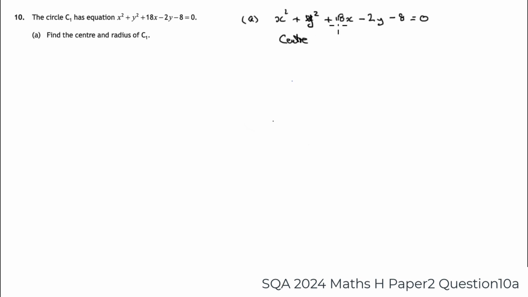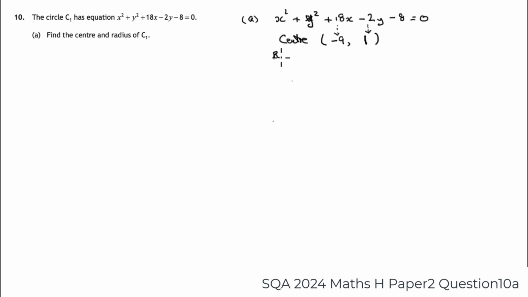So we take the coefficient of x term, half it, and change the sign. That gives us the x coordinate of the centre. We look at the y term coefficient, -2, half it, and change the sign. And that gives us the y coordinate of the centre.